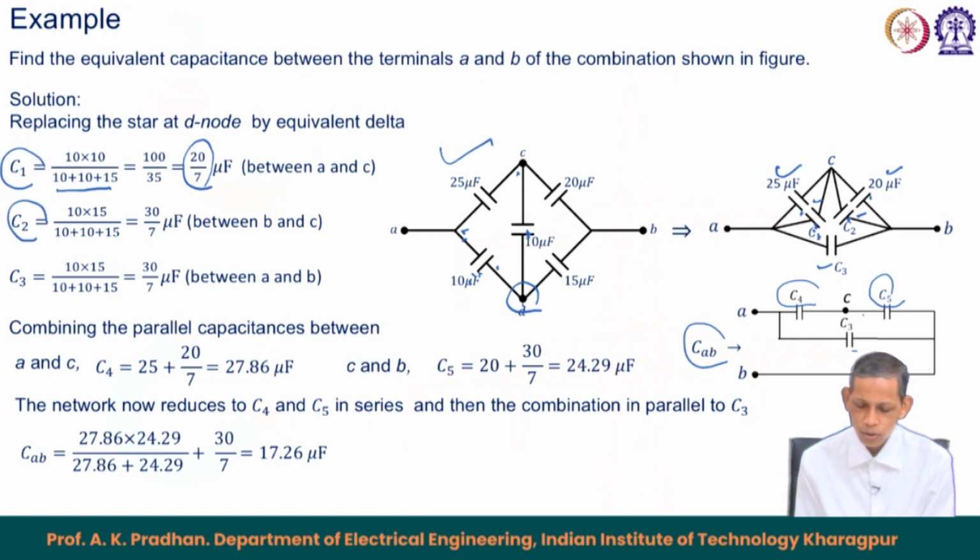C2 is between C and B, so that becomes 10 into 15 divided by the sum of the star, which equals 30/7. C3 is between A and B, associated with the 10 and 15, so 10 into 15 divided by the sum of the star capacitances gives us 30/7.